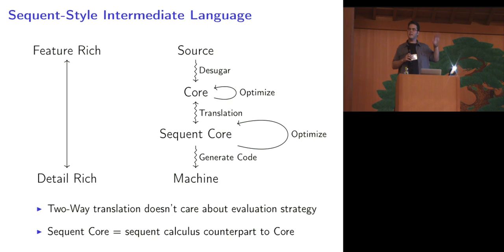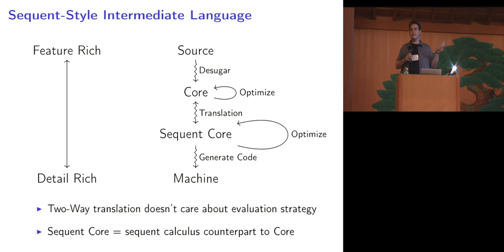And that translation can easily go both ways. So often in using continuation passing style, once you do the transformation into continuation passing style, you pretty much stay there the whole time. Here you really don't have to. That means you can do optimizations both at the level of Core and at the level of Sequent Core, and go back and forth.